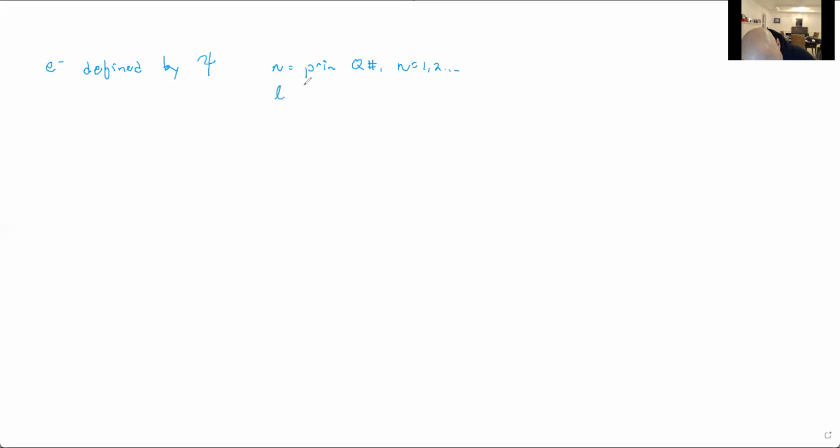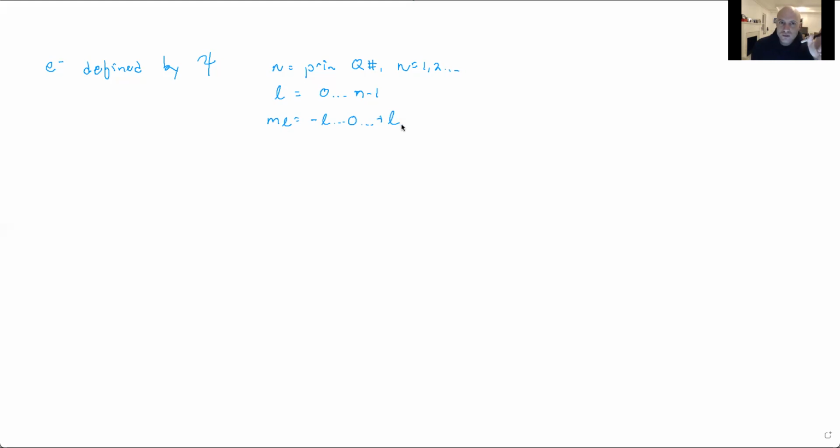There's L, and this one goes from 0 to n minus 1. And then there's m sub L, which goes from minus L to 0 to plus L, okay? Those are 3 terms that appear in the wave function to describe an electron, okay?